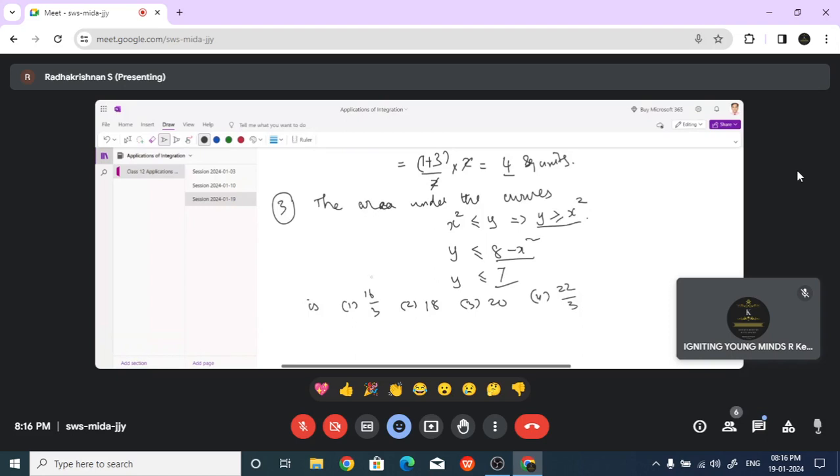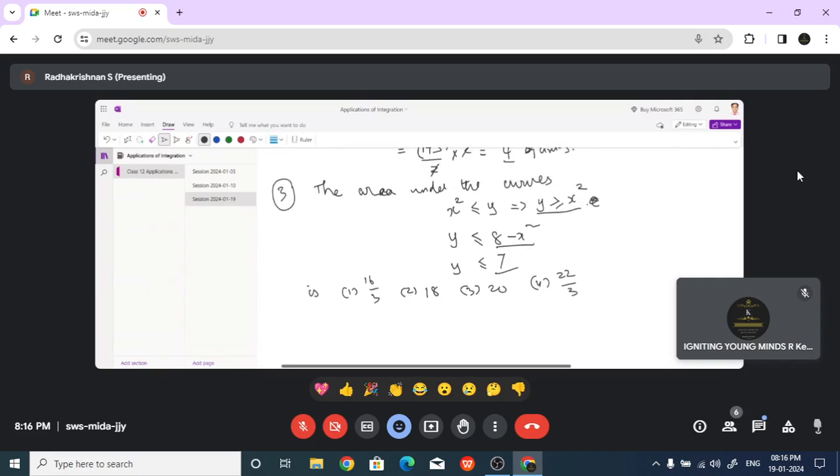First of all, what is this shape? y greater than or equal to x square. Let's plot y equal to x square. What is y equal to x square? What shape is that? Parabola, sir. Good. And y equal to 8 minus x square, what is that?